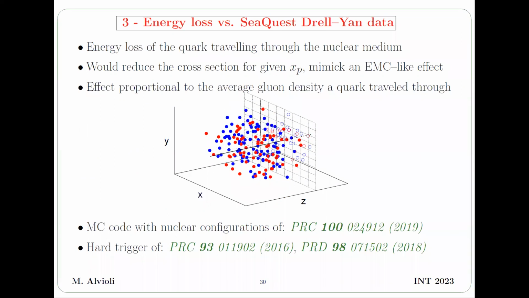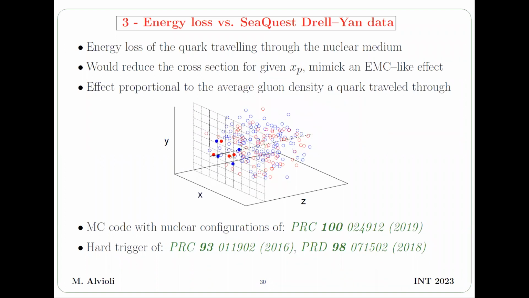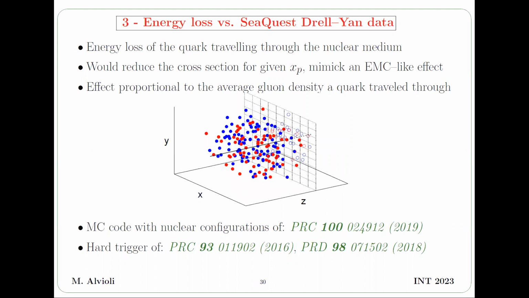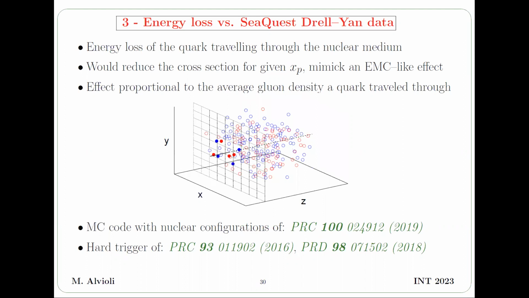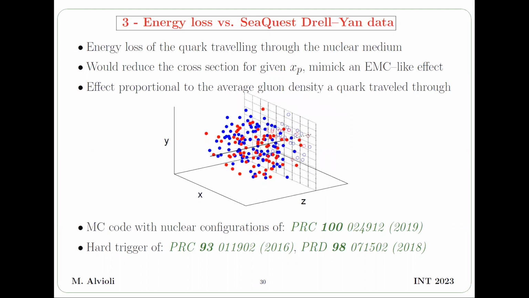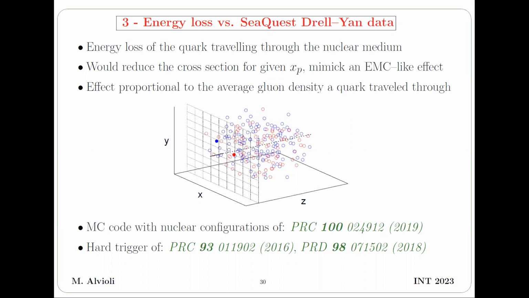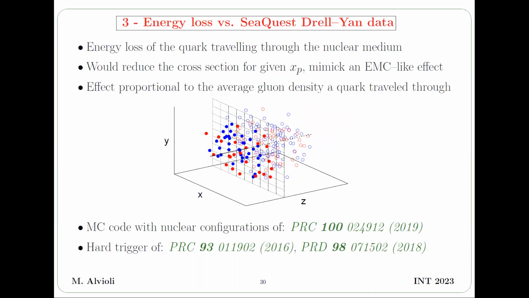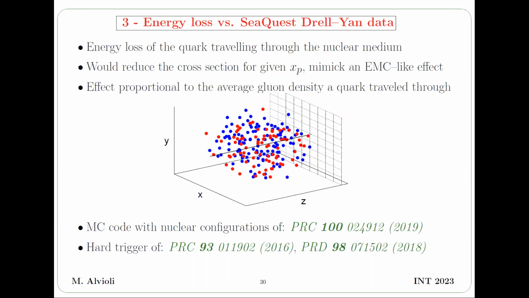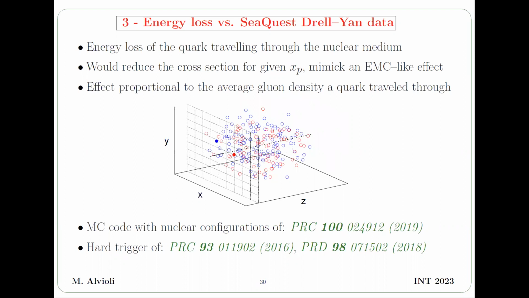Mostly, I would like to show these last two or three slides about how we estimated an energy loss effect for the quark traveling through the nuclear medium, because this is a competing effect for the search of an EMC-like effect for anti-quarks. So we studied this with the Monte Carlo code, with the nuclear configurations we described, and with the mechanism I described for a hard trigger.